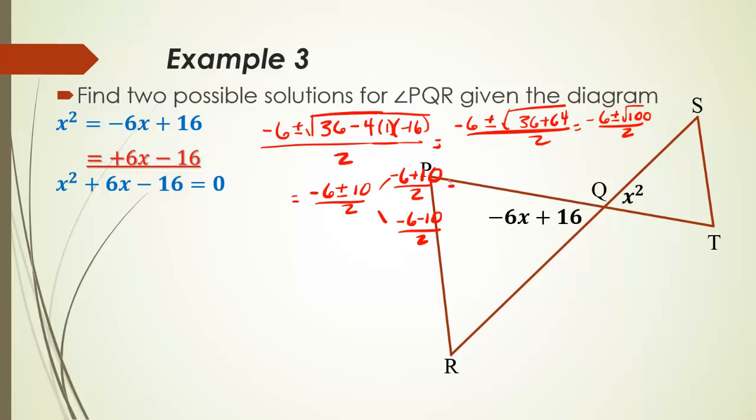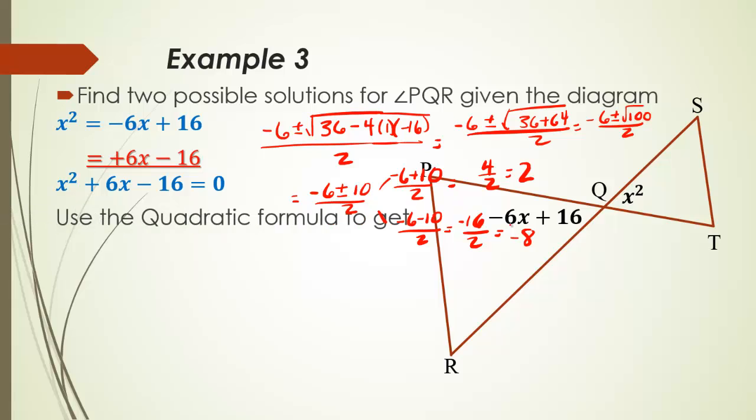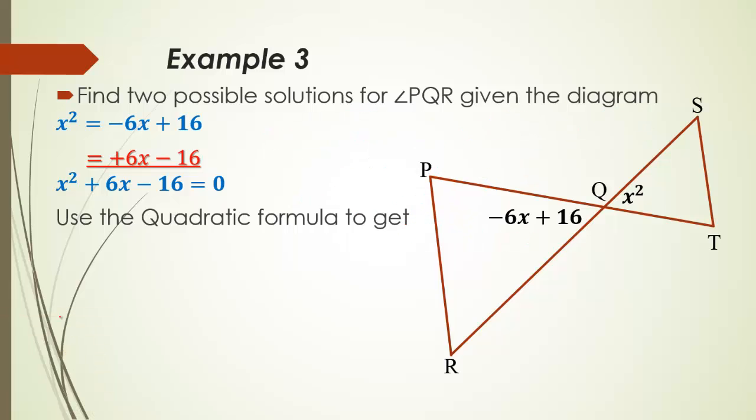Negative 6 plus 10 is a positive 4 over 2, or just 2. Negative 6 minus 10 is negative 16 over 2, or negative 8. So again, use the quadratic formula, and you're going to end up with a negative 8 or a positive 2.